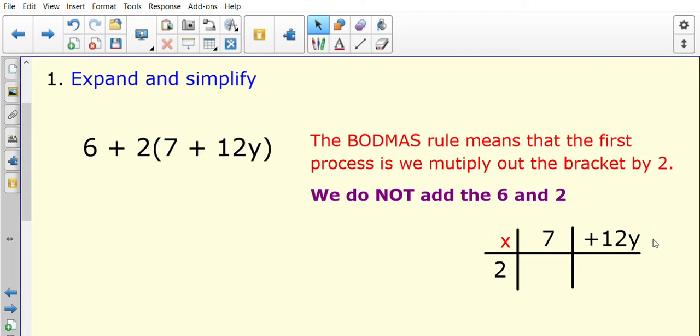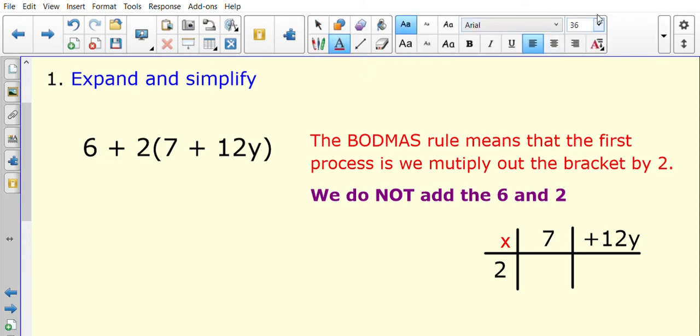So if you've been using your table method, you'll notice the bracket's been split up and we still need to multiply this by 2. So 2 times 7 will give us 14 and 2 times positive 12 will give us 24y.